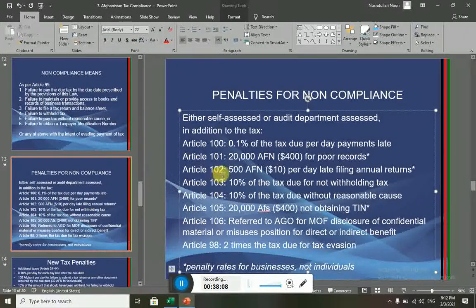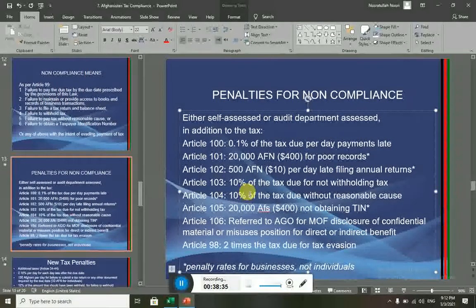Article 103 says 10% of the tax due for not withholding tax. For example, we were supposed to withhold tax from our employees, but we have not withheld tax. For example, the tax which should have been withheld from our employee is 25,000, but we have not withheld that tax.